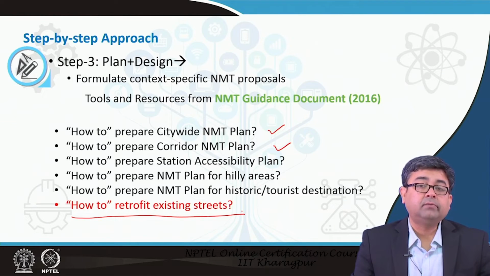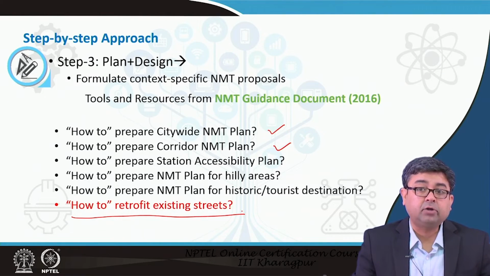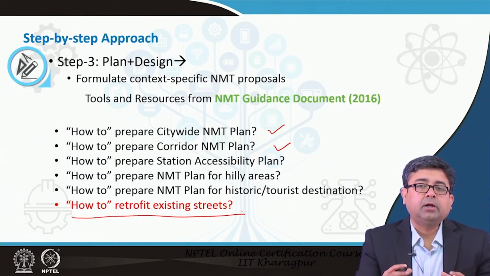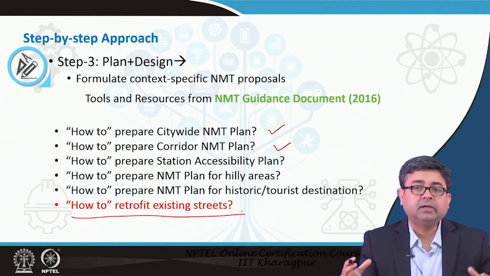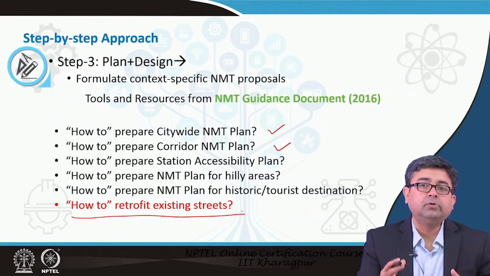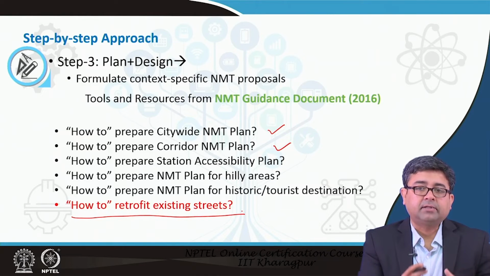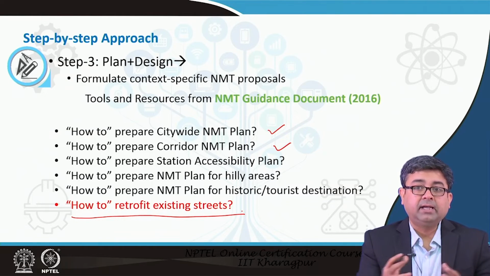So, what we have to do is retrofit it in. We cannot expand the roads anymore because we have no space. So, using the existing road width, how do you retrofit new NMT integrated infrastructure?